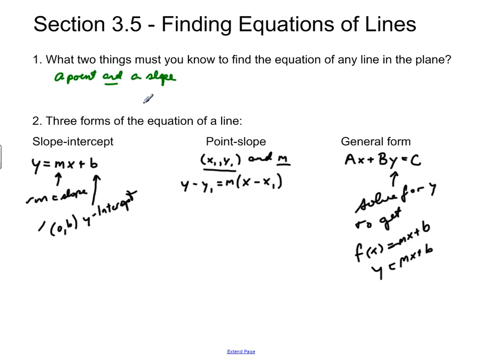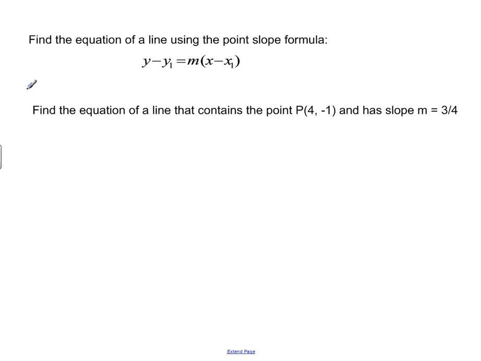So let's just quickly do an example so we can see this all in operation. Let's say we want to find the equation of the line using the point-slope formula, which is a very easy formula to use. y minus y1 equals m times x minus x1. If it helps you to think about it this way, this is actually a formula in which we can fill in certain parts.